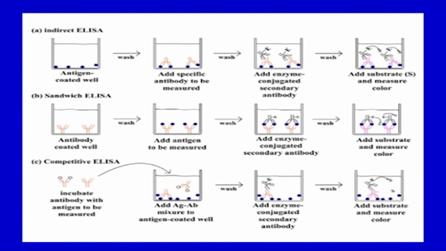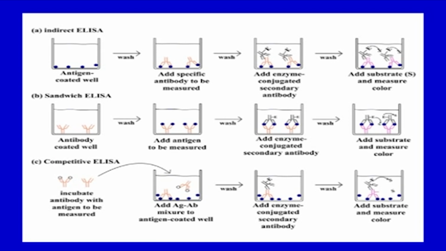In sandwich ELISA, rather than coating antigen directly, what is done? First a capture antibody is coated on the well and then antigen is added. Then afterwards a secondary enzyme conjugated antibody is added, and finally substrate is added and color development takes place, and the color will depend on how many enzyme molecules are there.